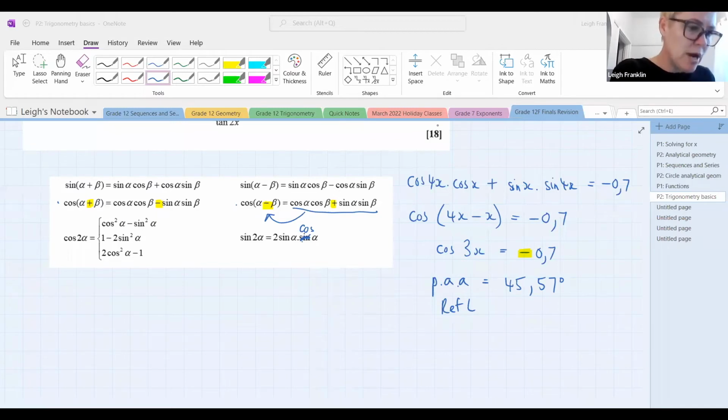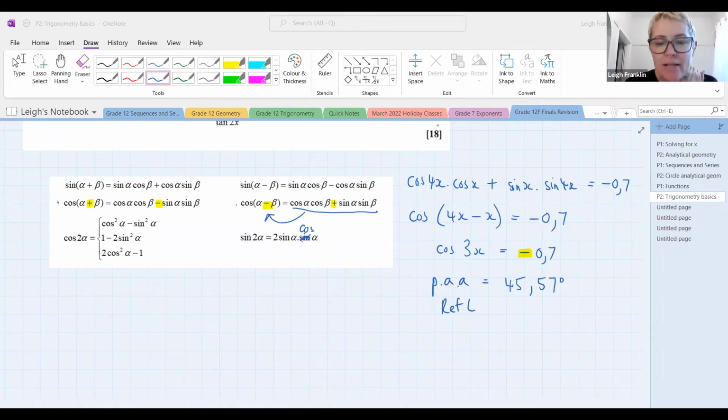And now I want you to try it again. Remember, you're going to go Shift cos and then pop in the 0,7. Oh, just 0,7. I put 0,7 over 3. No, not over 3, because your 3 is part of your angle. The 0,7 is your ratio. Okay, thank you, teacher. No problem.